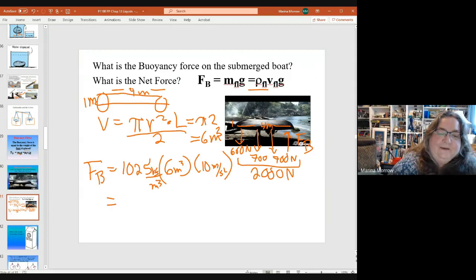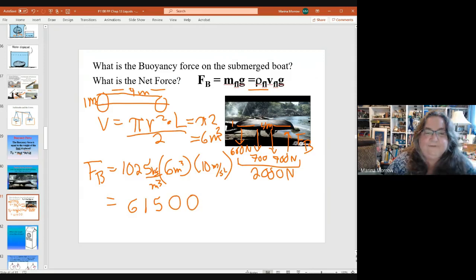And so what we end up with is 61,500, I believe. Okay, and that's the force in newtons. That's the buoyancy force upwards: about 61,000 newtons of force. The force downward at best is 2,000 newtons.